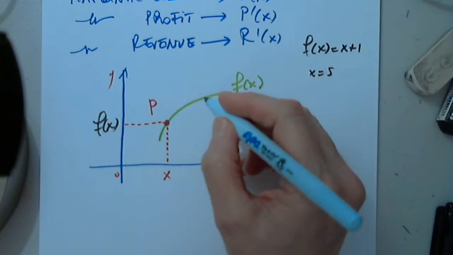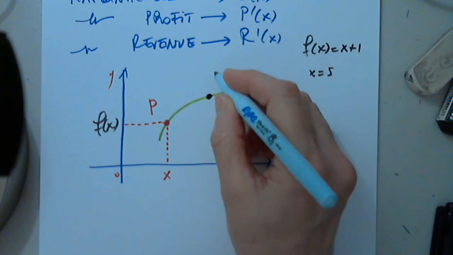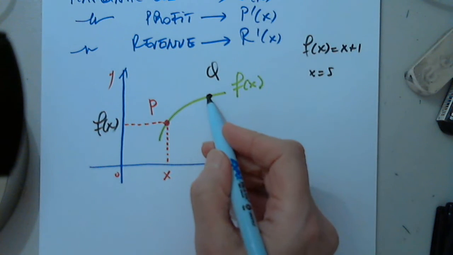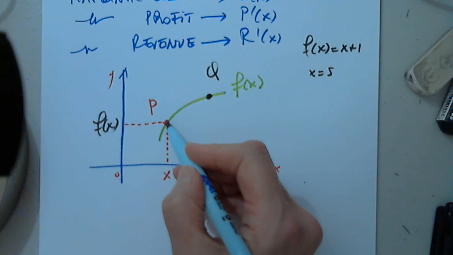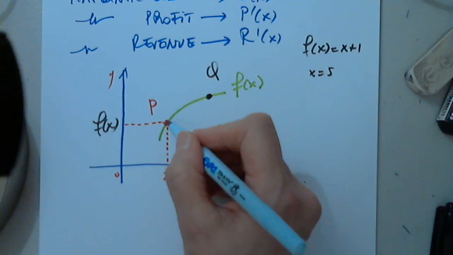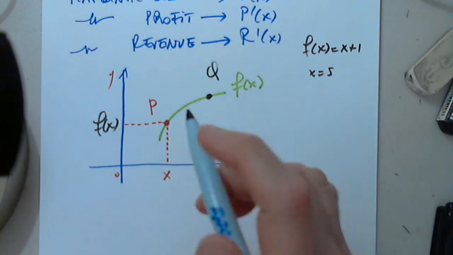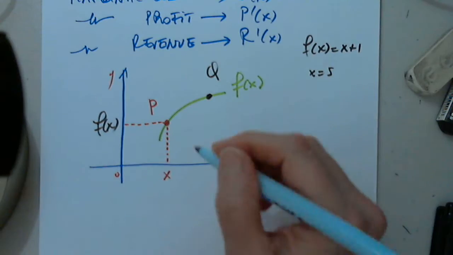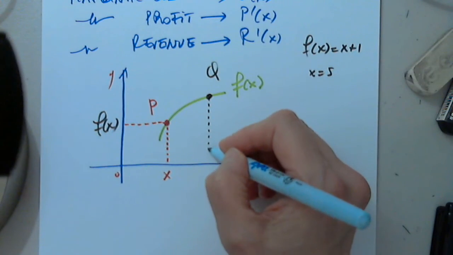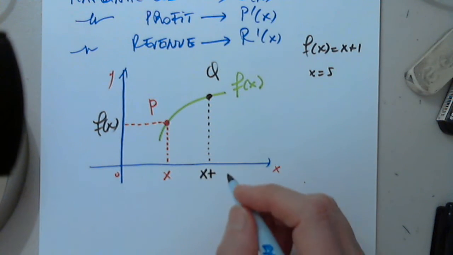Perfect. So let's say now that I have a point Q, but Q is very close to P. So Q is somewhere here. But if I put it here, I'm not going to be able to explain, so assuming that we zoom in, Q is very close to P. The x-coordinate of Q is x plus a little bit.